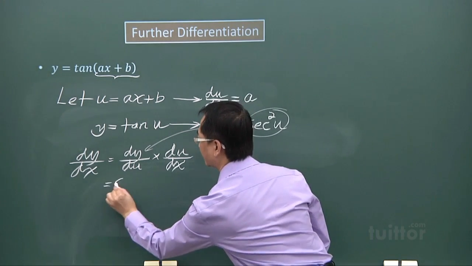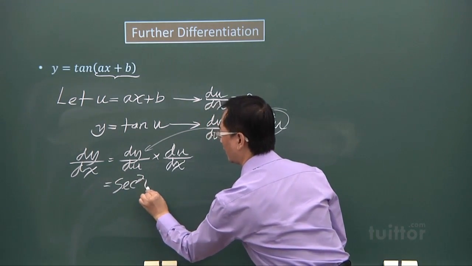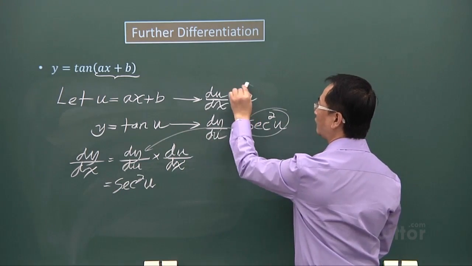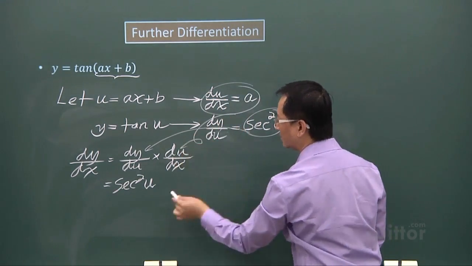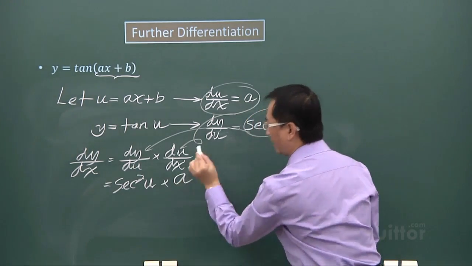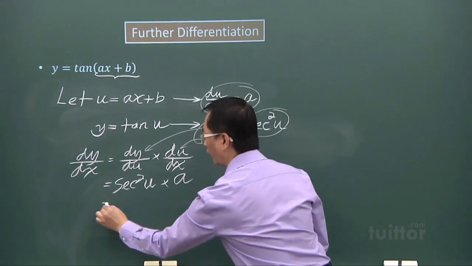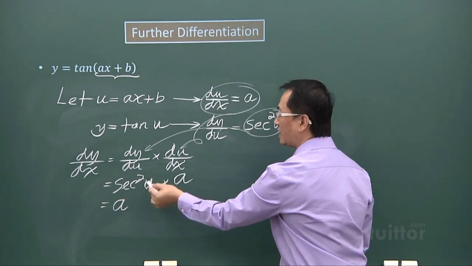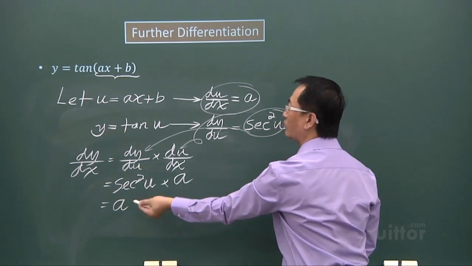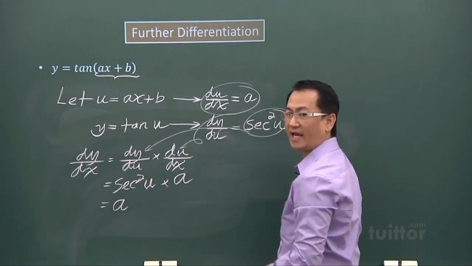So we get secant squared u. And you have du over dx, we drop it in here, a. So the overall result, a secant squared u. Now this u, we replace it with ax plus b.